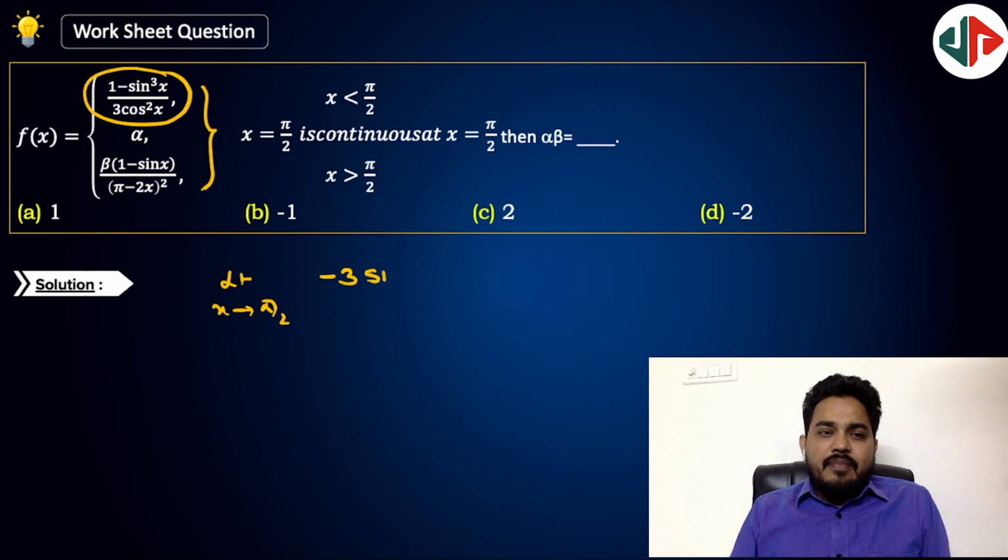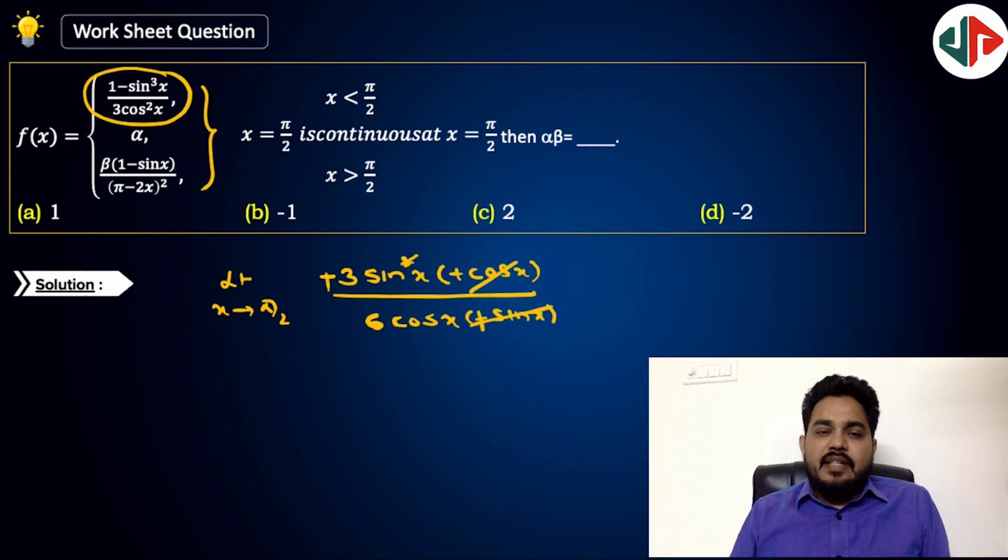Minus 3 sin square x into the derivative of sin x, which is plus cos x, divided by 3 cos square x, that is 6 cos x into minus sin x. So sin x cancels, the minus sign cancels, cos x is cancelled. So this value is equal to 1 by 2.